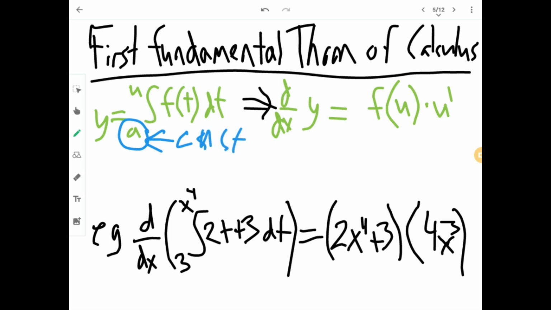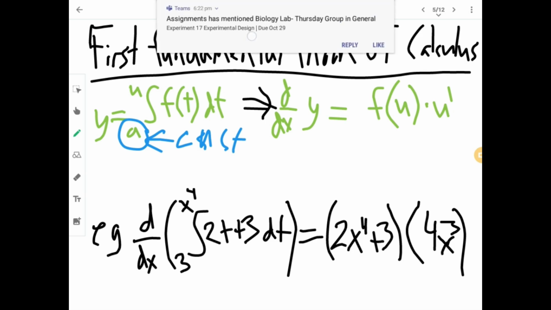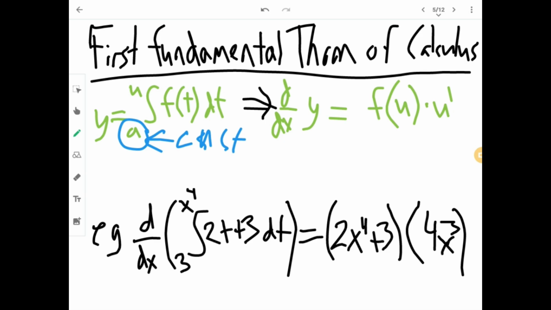And then its derivative is equal to the function times the derivative of u. So let's say you have this function, 2t plus 3, but this is a constant, so you're good, and then x to the power 4.